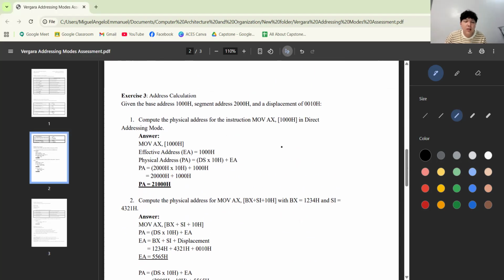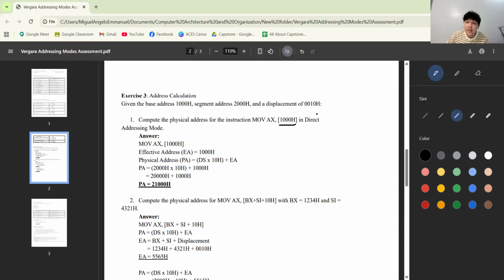Next, let's move to our exercise 3, address calculation. Given the base address 1000H, segment address 2000H, and a displacement of 0010H. For number 1, compute the physical address for the instruction MOV AX, [1000H] in direct addressing mode. So for our formula, for effective address, it is 1000H since it is mentioned above.